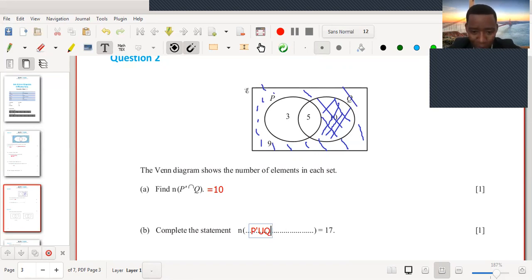Okay, think about it and tell me. P complement will be everything outside P. I'll be having 10 and 9. That would be 19. That's not correct.